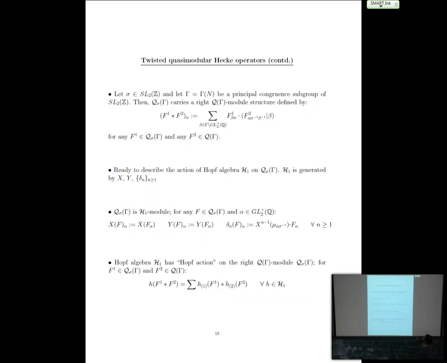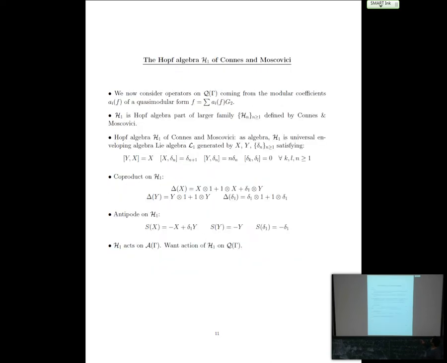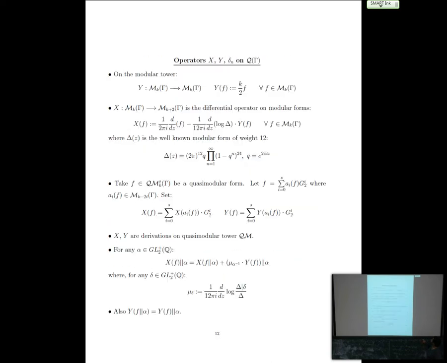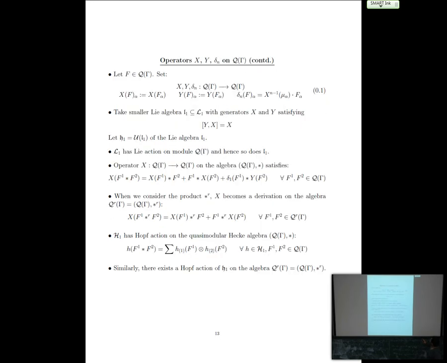So Q sigma gamma carries a right Q gamma module structure, which is defined by this f1 star f2, and we can describe the action similarly of H1 on this, or by x, y, and delta n. So you have this structure, and you can see there's a twisting here as well. You see that this says mu alpha sigma inverse over here. Last time it was mu alpha.